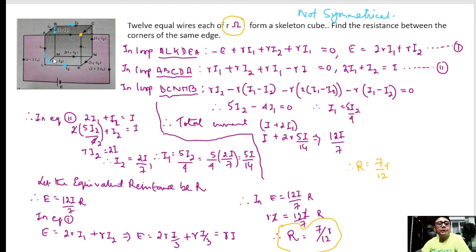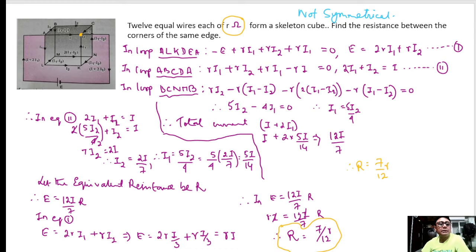Now opposite to LM is the arm KN. So to balance this, see, I1 minus I2 should come on this side, right? Please understand the distribution of the currents, because it's very important. So till here we have discussed.